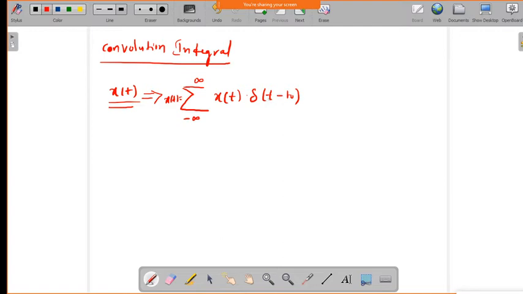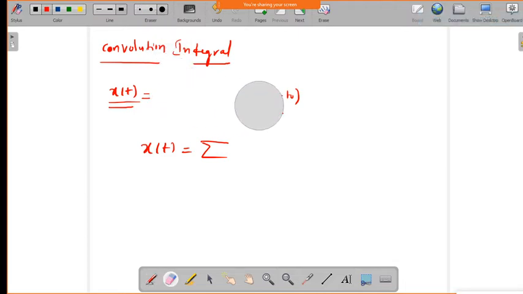Or you can express it in terms of the variable tau. This is the time domain, so you should use an integral: x of t equals the integral from minus infinity to plus infinity of x of t into delta of t minus tau.